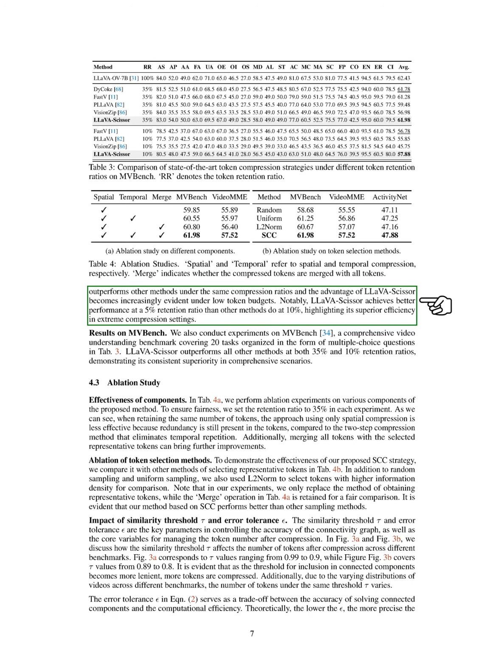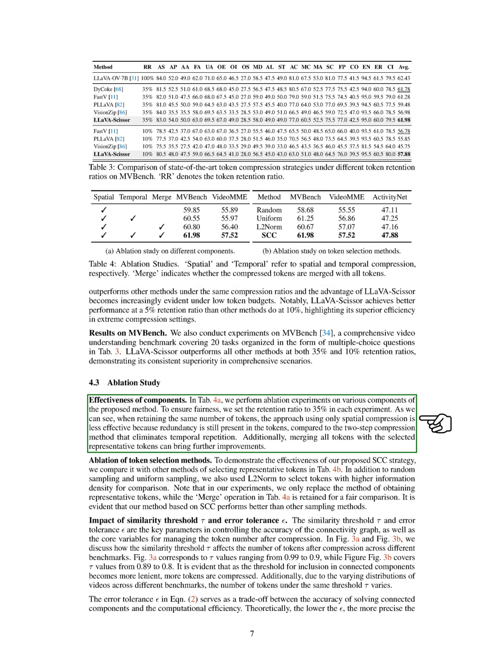For long video understanding benchmarks, LLaVA-Scissor consistently outperforms other methods, especially under low token budgets, achieving better results at a 5% retention ratio compared to others at 10%. We also evaluate LLaVA-Scissor on MV-Bench, where it surpasses all other methods at both 35% and 10% retention ratios, showcasing its consistent superiority across various tasks.